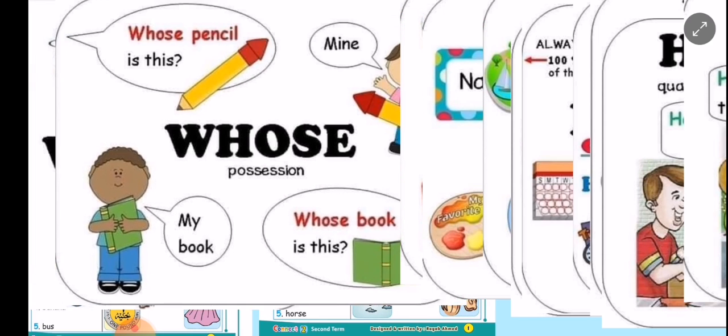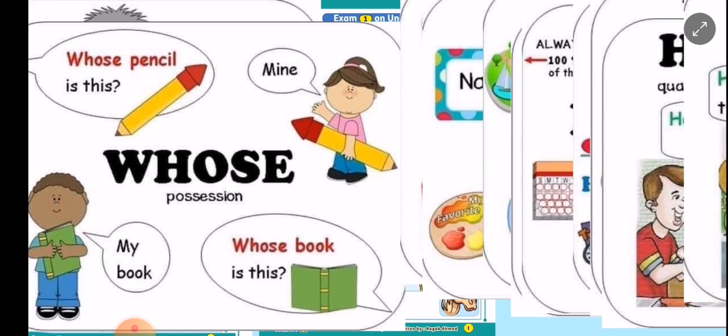Before the last question, whose is for possession. Whose pen is this? It is for me. Whose car is this? It is my brother's car. Whose house is this? My father's house. Whose books are these? My book. It's mine, and so on.